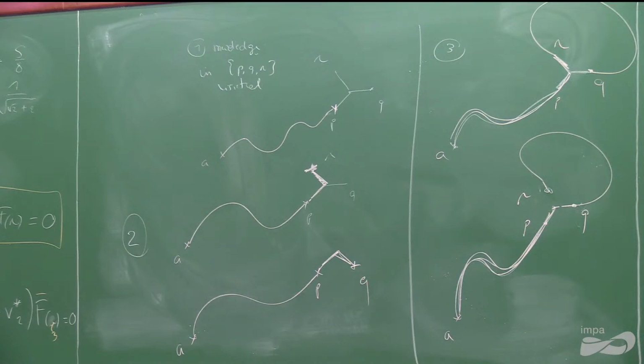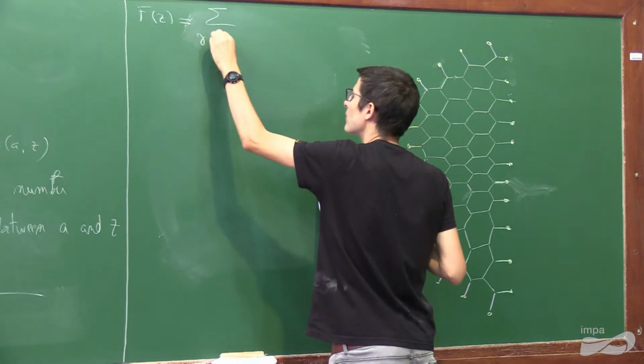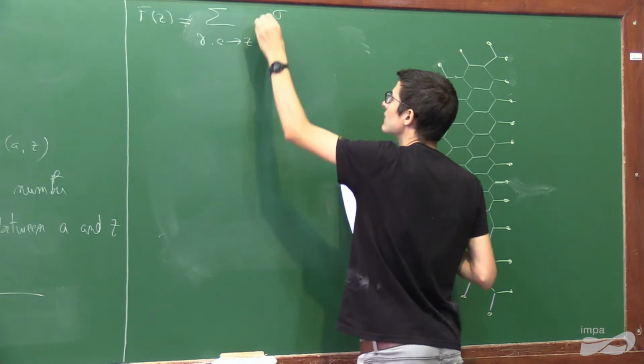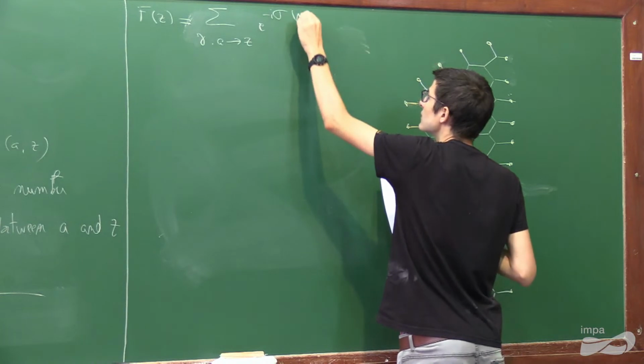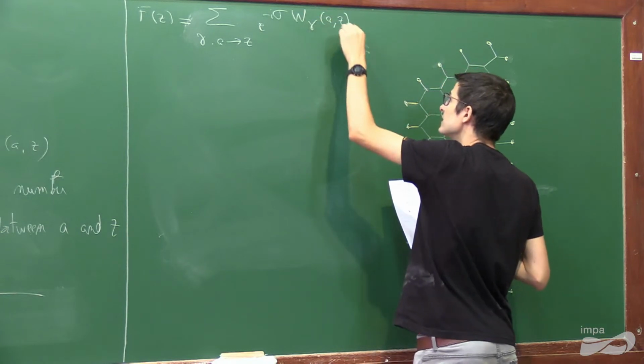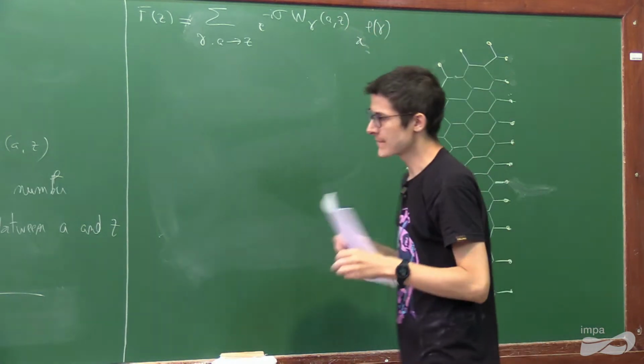It is equal to the sum of gamma, A to z, of exponential minus i sigma W gamma A z, x to the L of lambda.